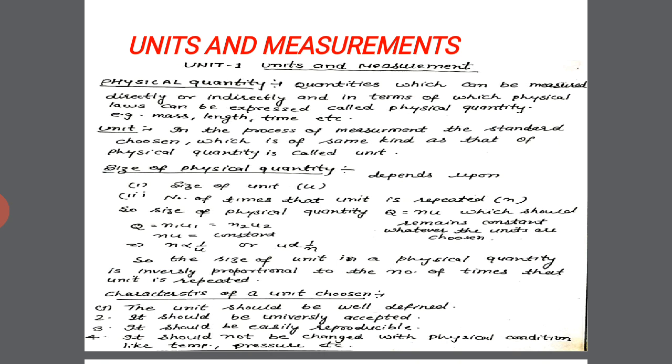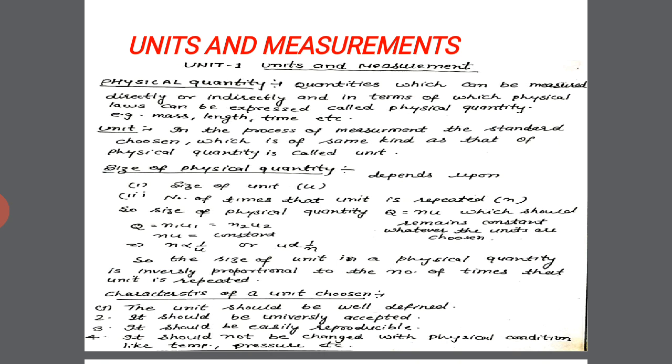The size of the physical quantity is denoted by capital Q, and it is equal to the size of the unit U into the number of times the unit is repeated, that is Q is equal to nU, which should remain constant whatever units are chosen.